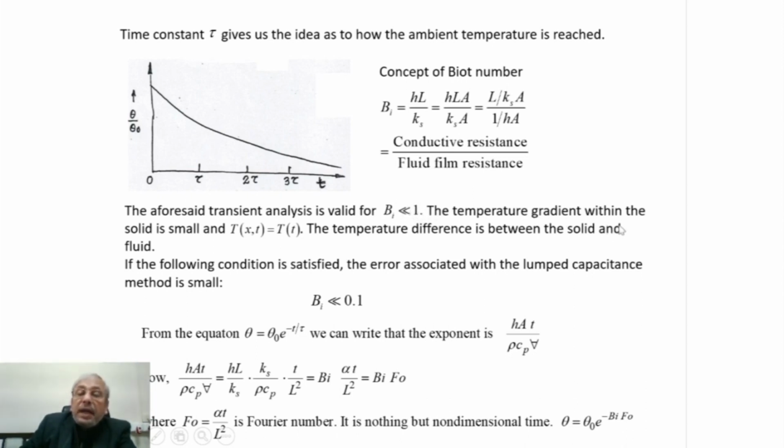The temperature gradient within the solid is small. So as we said, it is uniform. That's what we will consider. That means the temperature distribution T(x, t) initially is uniform, so we can write T as a function of time. The temperature difference is between the solid and the fluid.